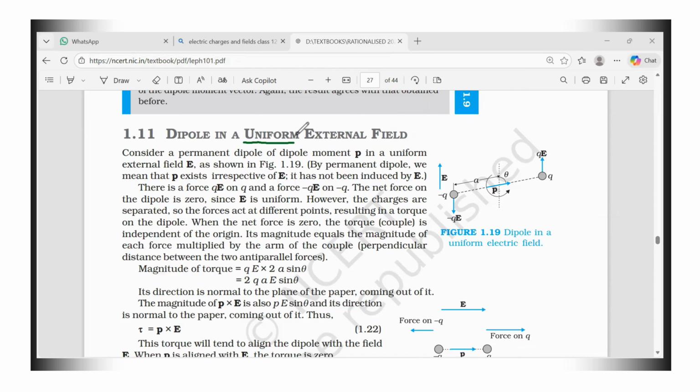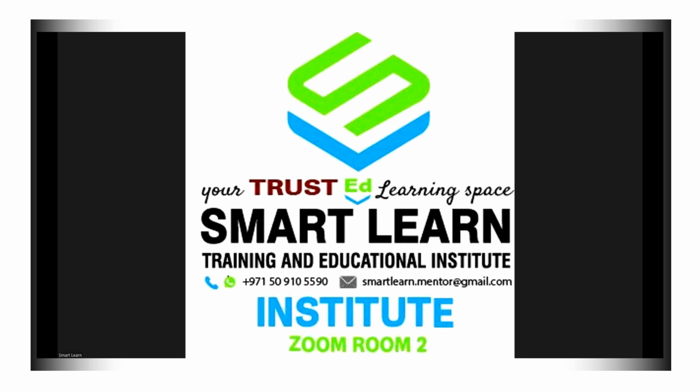So let's see what will happen to a dipole when we place it in a uniform electric field. I'll draw the diagram for the uniform electric field.